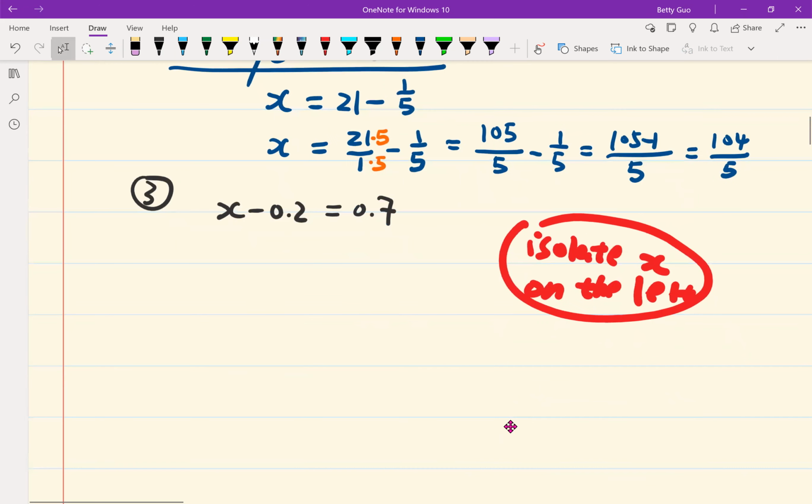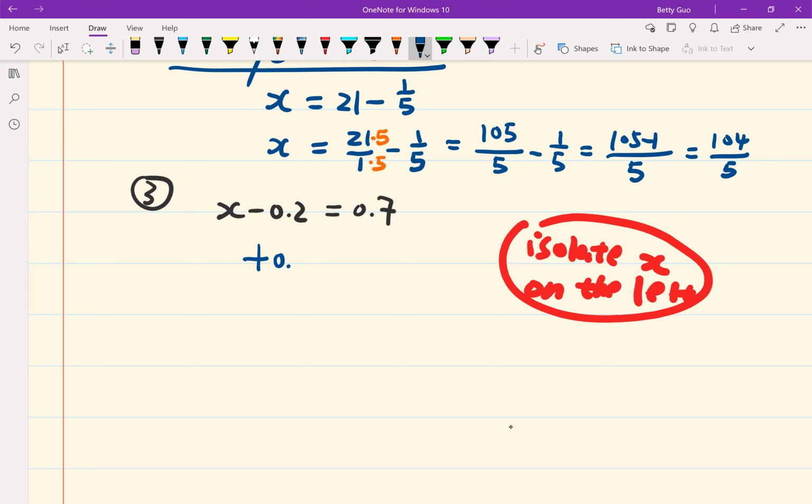We are going to solve x minus 0.2 equals 0.7. What's the goal? Isolate the x on the left. Let's see what's on the left right now. Two terms, right? x and negative 0.2. How do we get rid of a negative 0.2?